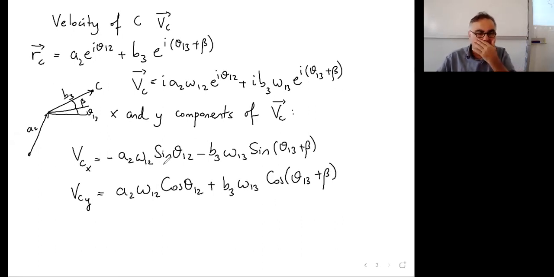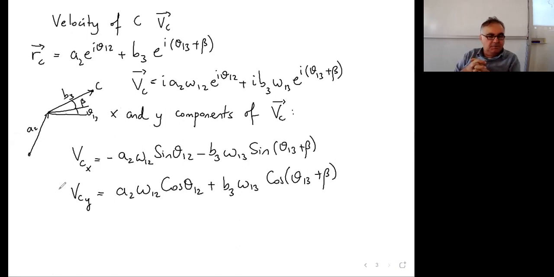So we have found the velocity of point C, as you see. Finding the velocities of specific points is not too hard once you solve for the unknowns in the loop equation.